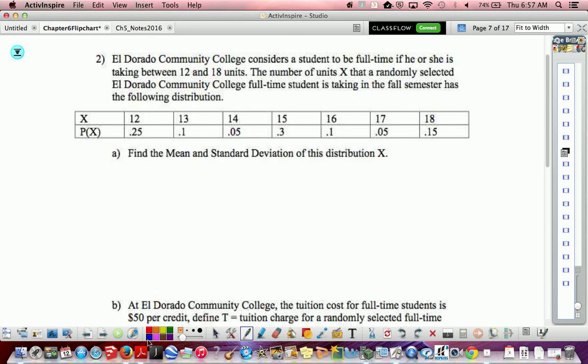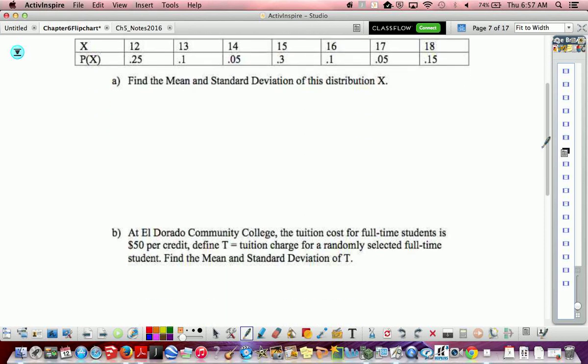So the first question says, find the mean and standard deviation of this distribution. Okay? So, to find the mean, remember we're finding the expected value. So we're taking each number of units and timesing it by its respective probability. So we do that for all of the credits.